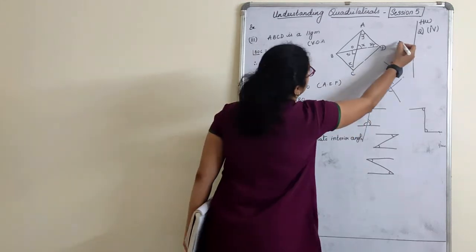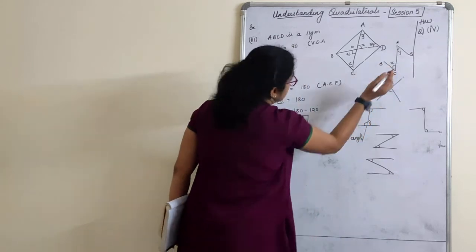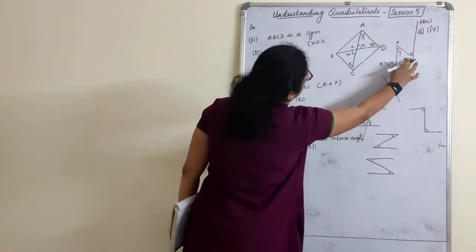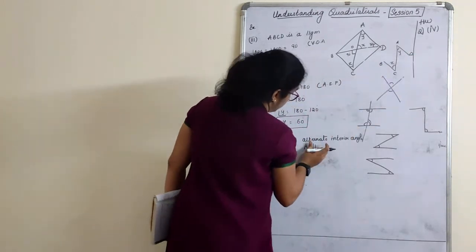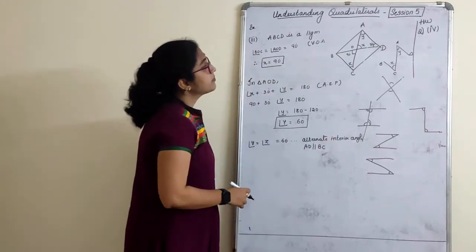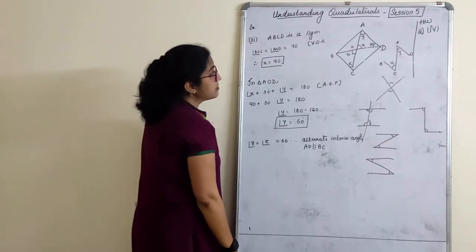So for that, what is parallel? AD and BC. I will write here AD parallel to BC. Okay, this line is parallel to this, so the alternate interior angles are formed.